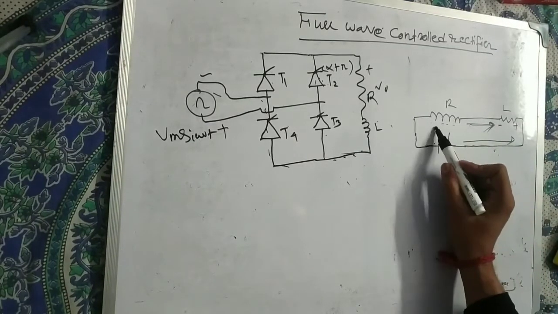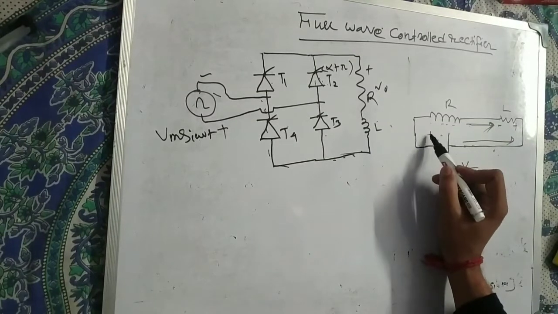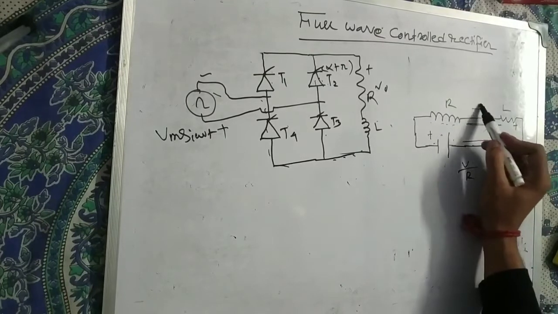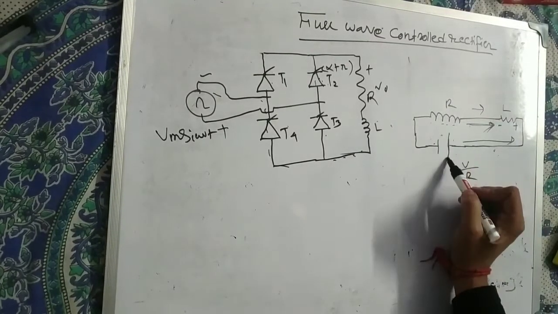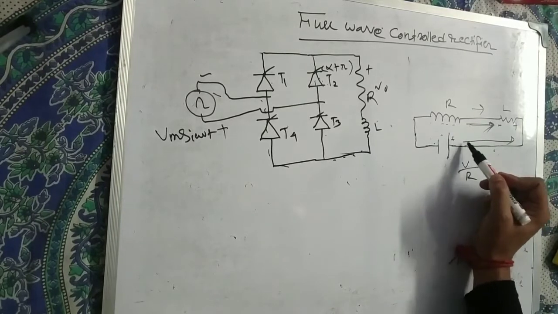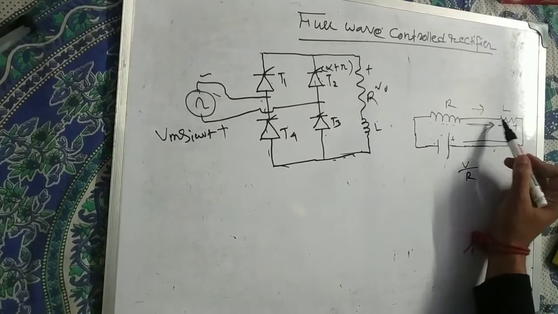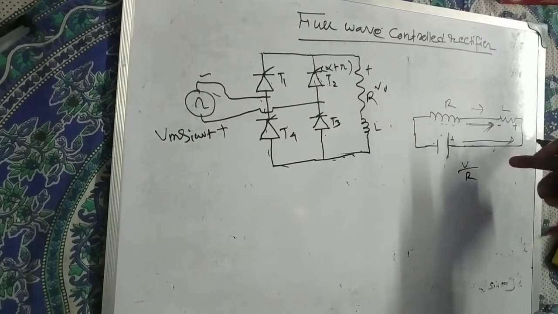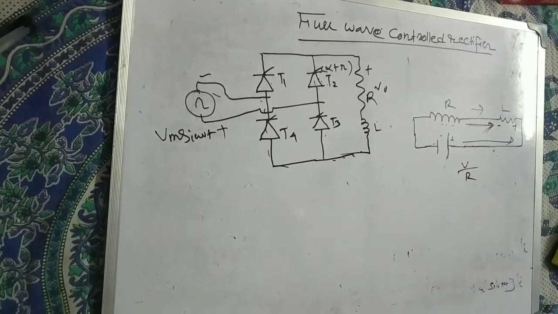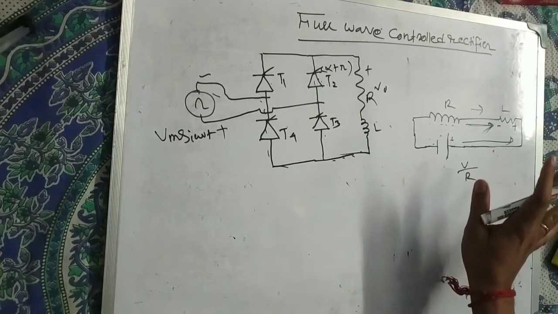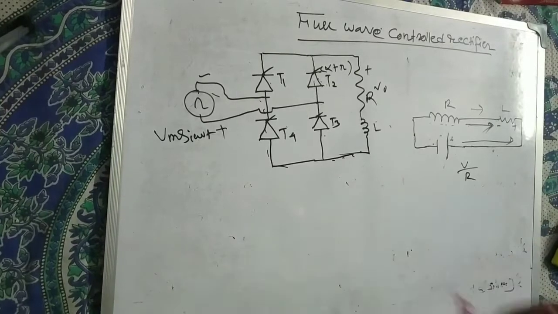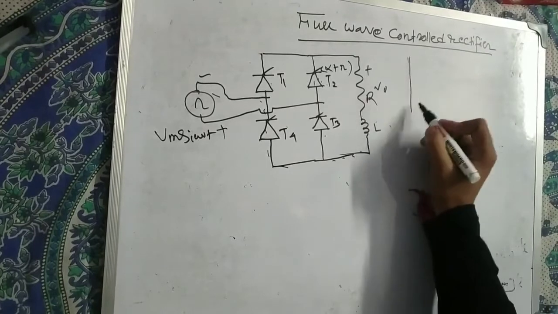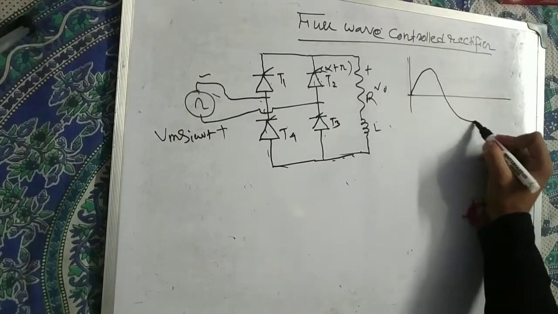When the voltage is changed, the voltage will try to push the current in this direction, but the inductor will change its voltage polarity to maintain the current direction. You have to consider this knowledge here. Let me write now: if the input voltage is a sinusoidal input voltage.